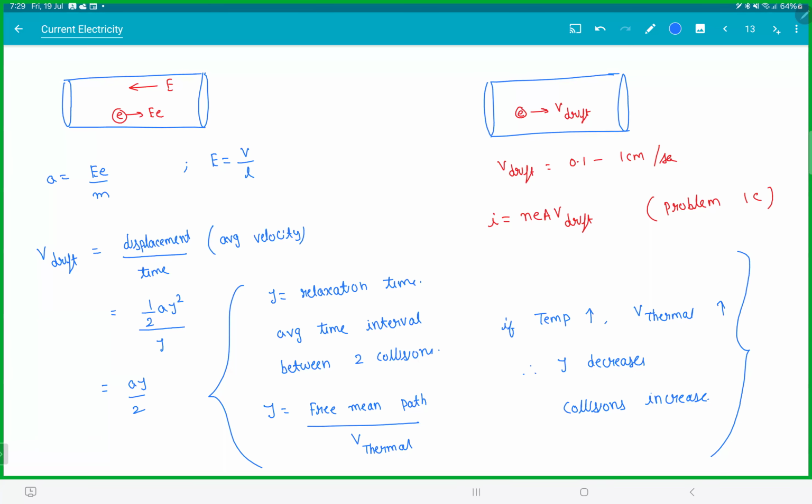What is the formula? 1 by root 2 pi sigma square n_v, where sigma is the diameter and n_v is the number of molecules by volume. Don't forget this.